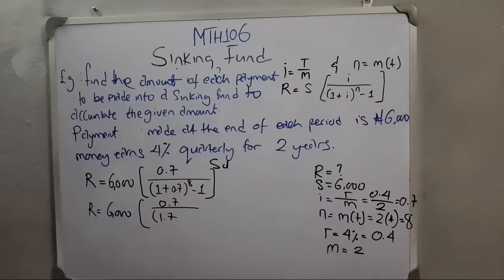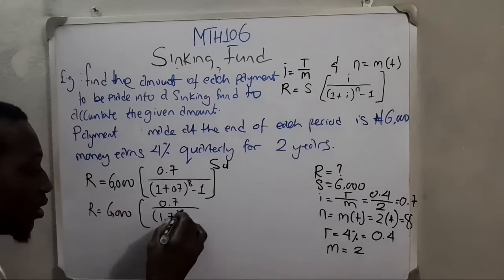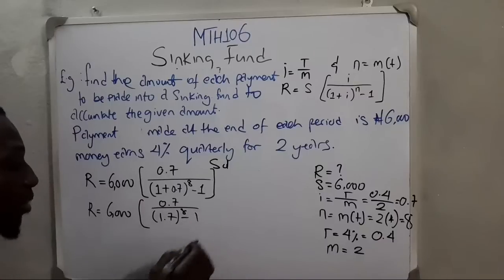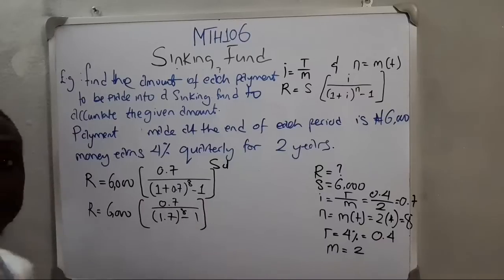Okay, that's 1 plus 0.7, yeah, 1.7, raised to the power of 8 minus 1. Okay, are we together?